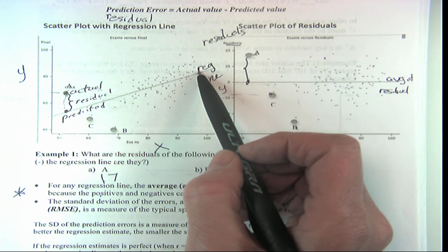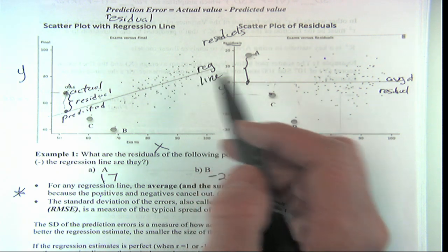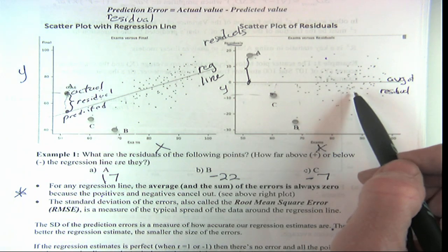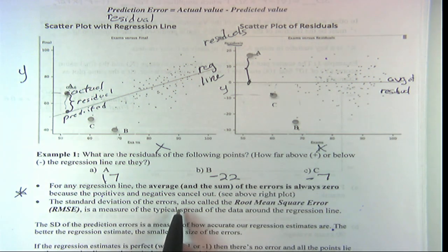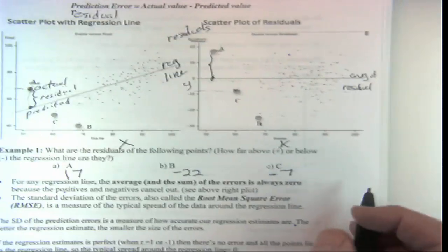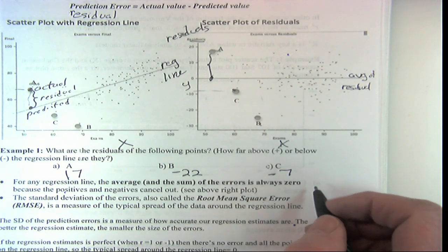So the standard deviation of all these distances, how would we figure that out? The standard deviation of the errors is also called the root mean square of the errors. You know why? Because what are we doing?